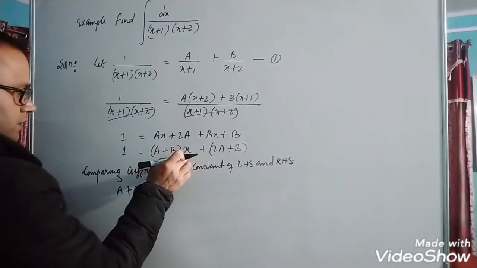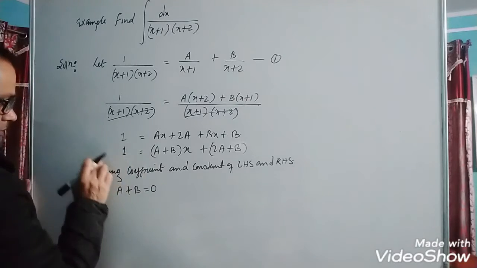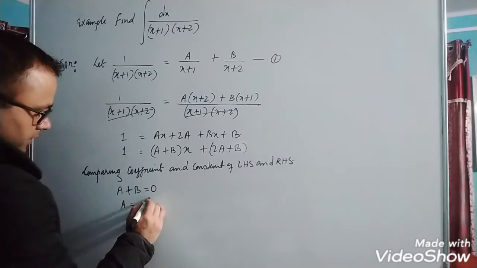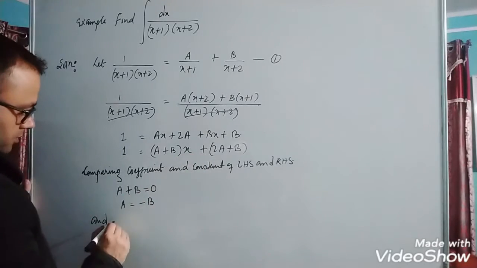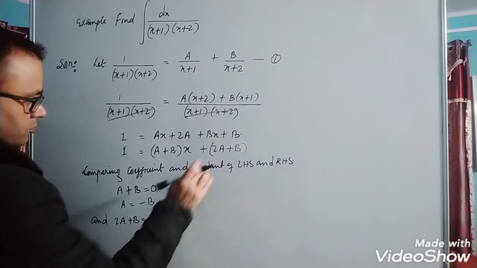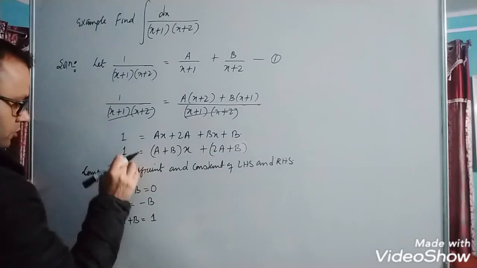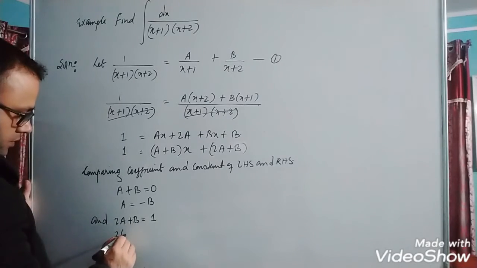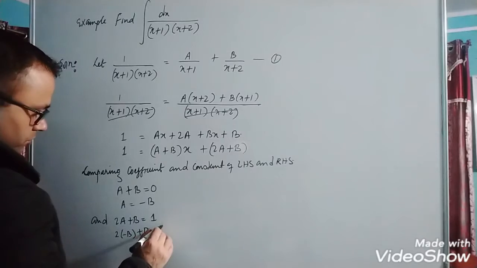On the right hand side the coefficient of x is a plus b, and on the left hand side the coefficient of x is 0. So a equals minus b. And 2a plus b equals 1, because the constant on the right hand side is 2a plus b and on the left hand side the constant is 1. So 2a is minus 2b, plus b equals 1.